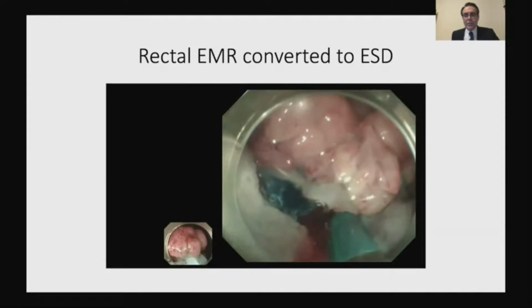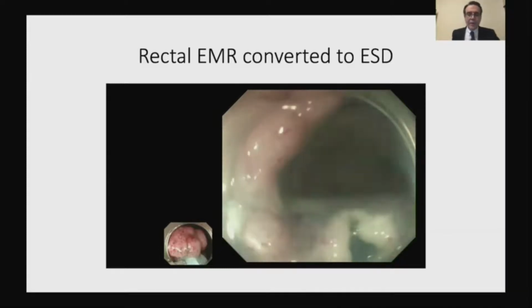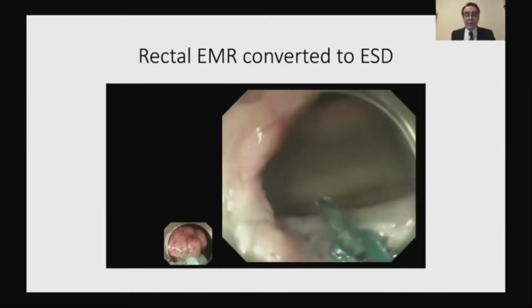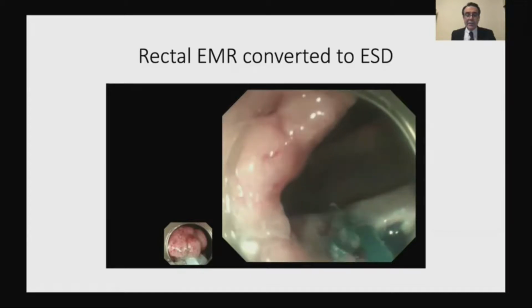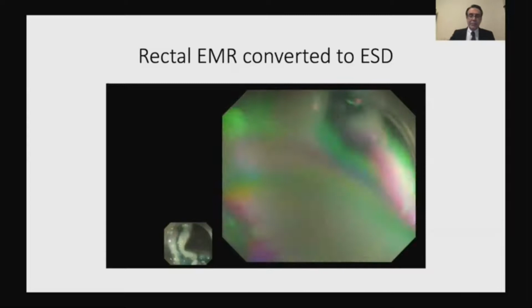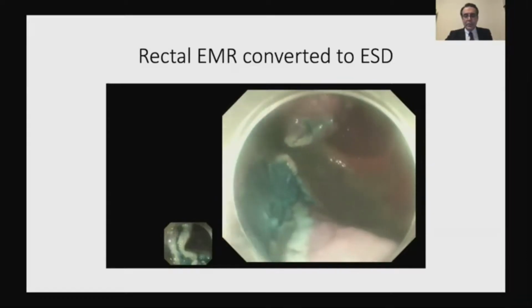This was quite bulky, so the good thing of that is that the own weight of the polyp makes some traction. Once we have made the incision, the circumference, and done some dissection, the weight of the polyp applies traction, and it becomes rather simple to do.